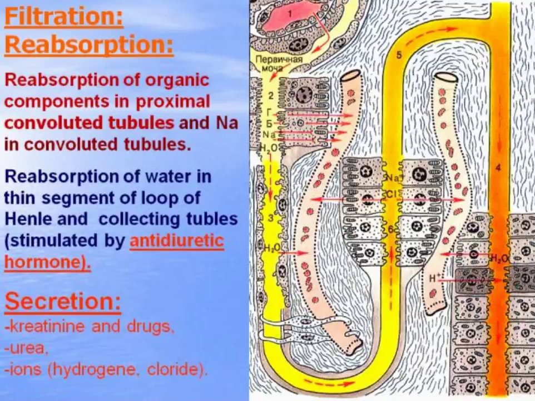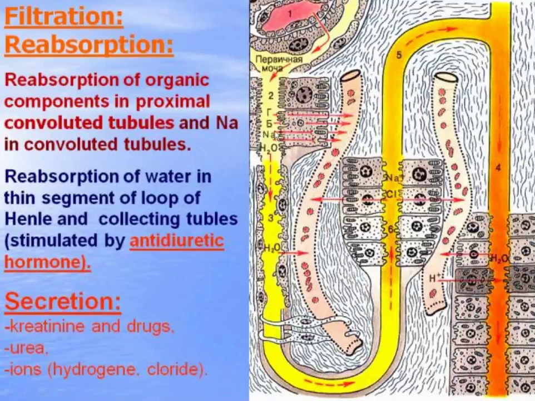Reabsorption of water takes place in thin segments of the loop of Henle, as well as in collecting tubules, stimulated by antidiuretic hormone of the neurohypophysis. The third component of urine production is secretion. It takes place in the opposite direction, from blood into urine.